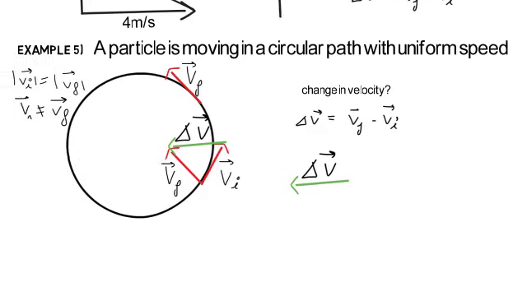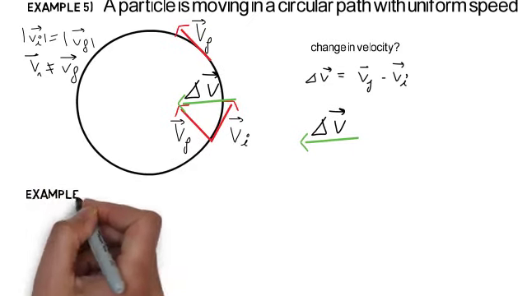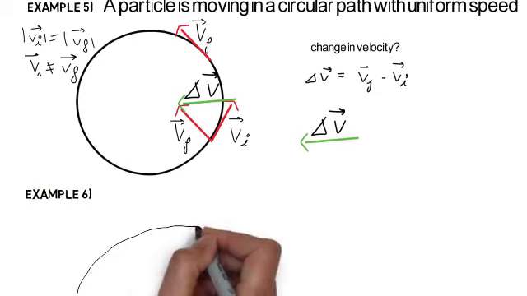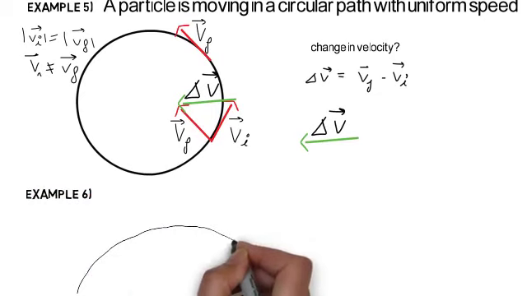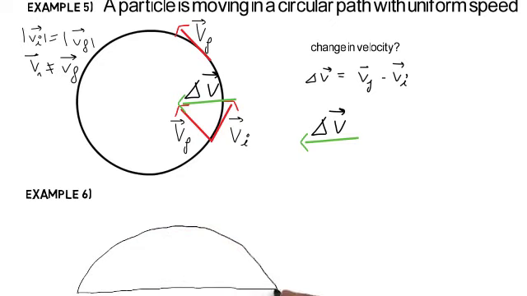In this final example, number 6, a particle is projected from the ground. The path followed by the particle is called a parabola, and the motion is called projectile motion. As the particle moves in air, its velocity changes in both magnitude and direction.